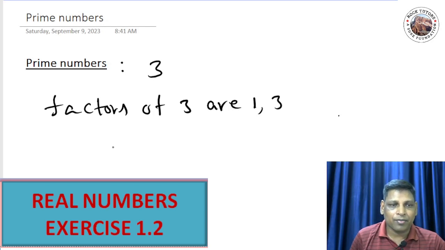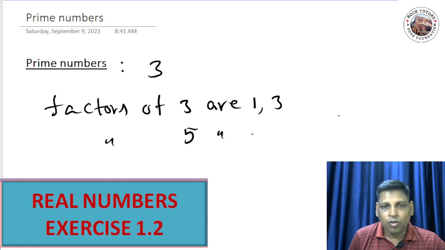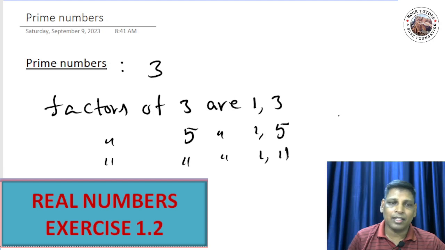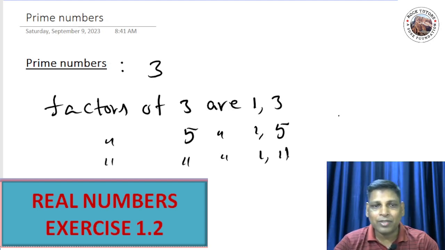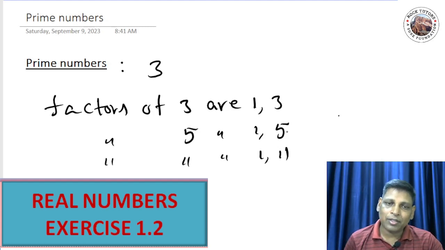Suppose I am taking 5. Factors of 5 are 1, 5. The factors of 11 are 1, 11. If you observe these numbers 3, 5 and 11, they have only two factors, 1 and the number itself. So these numbers are called prime numbers.